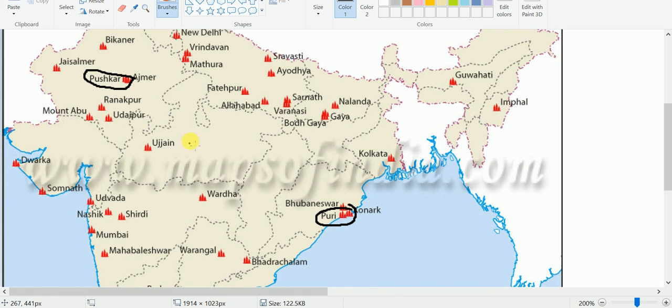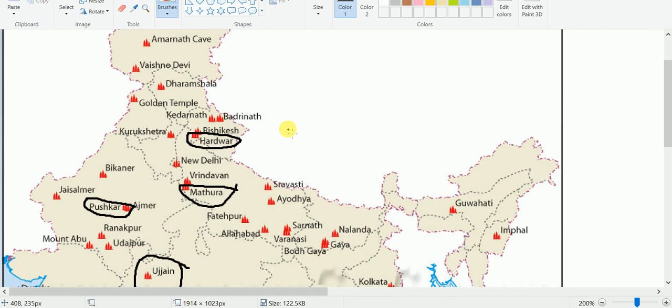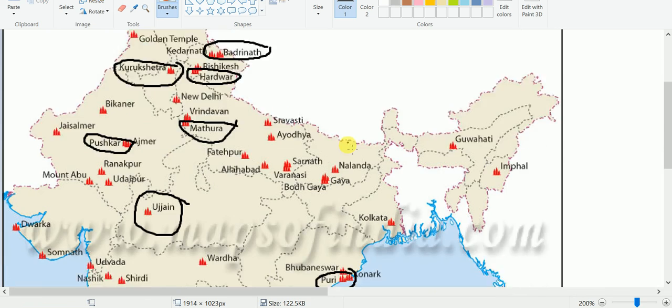Puri is here. Then Ujjain is here. Then Mathura is here. Haridwar is here. You'll find Rishikesh also, and Kurukshetra is here in Haryana. And here we have Badrinath also.